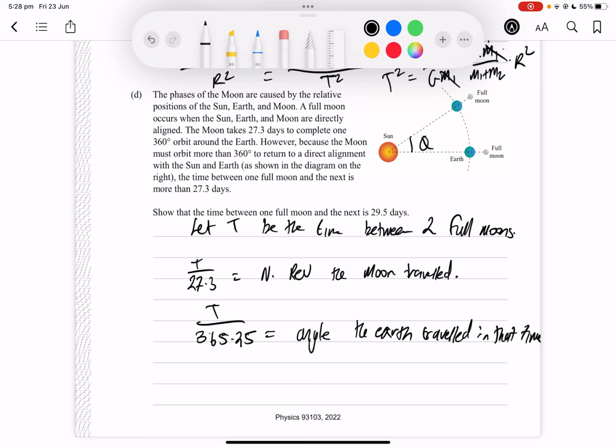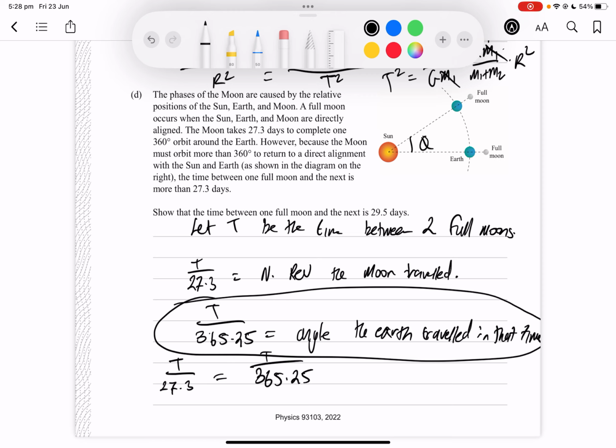Okay, so basically we can just say that t over 27.3, this distance traveled, is going to be equal to 360, so a full revolution, plus whatever angle the Earth traveled in that time. So this will be equal to t over 365.25 added to a full revolution, because the moon has to travel one full revolution, and then also the angle the Earth traveled in that time in order to be realigned with the Earth and the sun in one straight line.